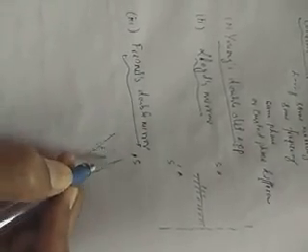This kind of arrangement is used. We have two mirrors placed like this, and somewhere here we have a source S. The light from it is reflected from these two mirrors, and the reflected light interferes and forms a pattern on the screen.